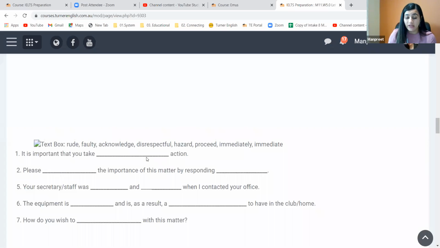And you should also know the meanings of these words. If you don't know the meanings, I'm happy to write the meanings here if you want me to.